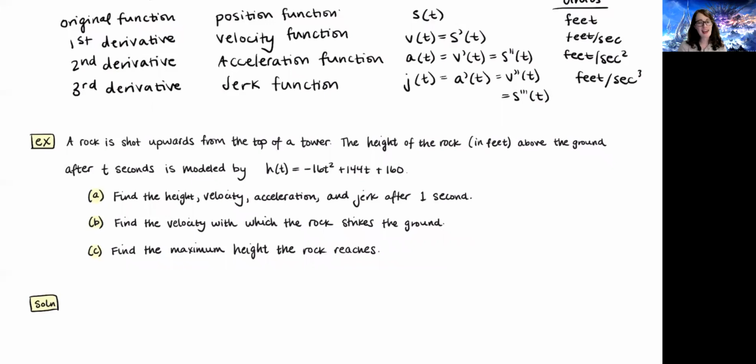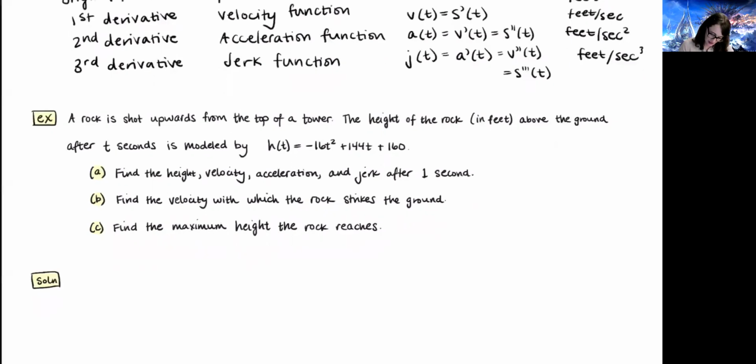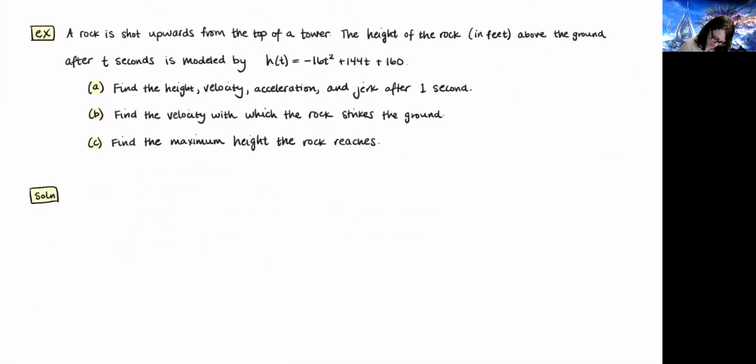Okay, so for part A, finding height, velocity, acceleration, and jerk all at 1 second. So we're just analyzing what's going on after it's been in the air for 1 second. So let's get started. We've got to just know our derivatives. So the height is just going to be h of 1, right? So there's no derivative there.